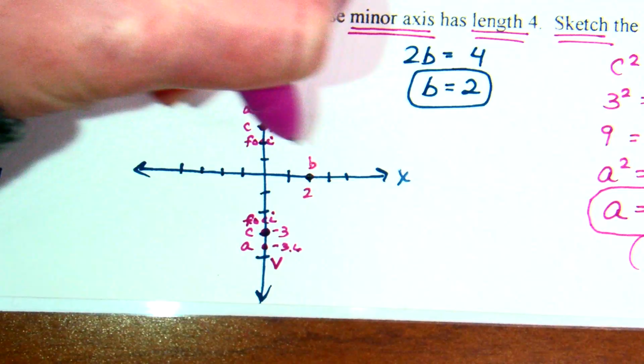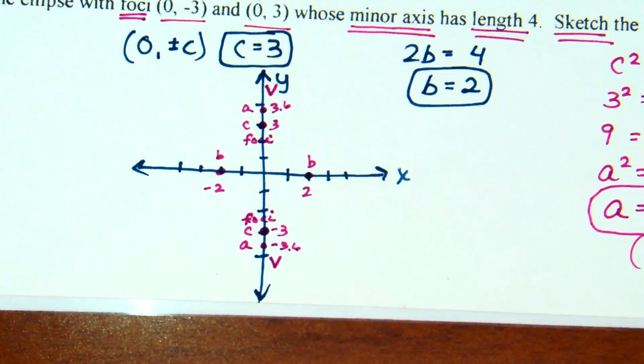What do I use to draw the ellipse? Your A values and your B values. So your A's are your vertices, and then B's are just, unfortunately the B's don't have a name. They're just the endpoints of the minor axis. I don't have a better name for them than that though. Now I'm going to attempt to draw this ellipse.